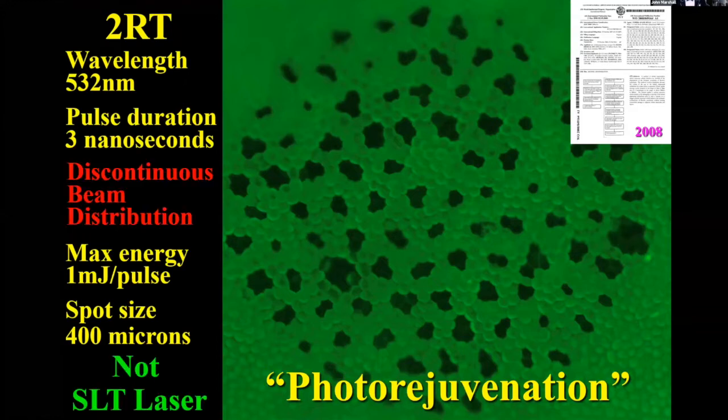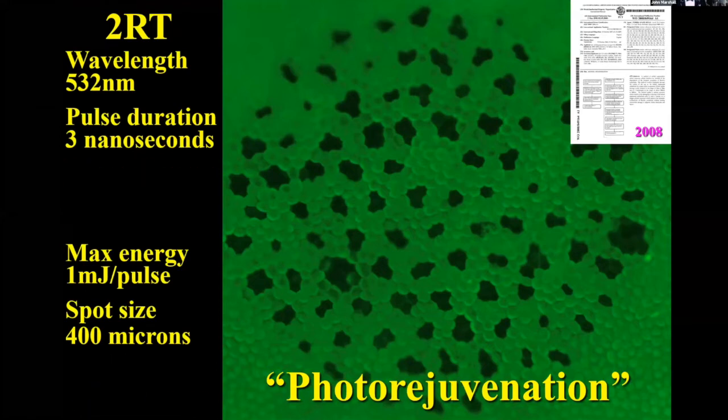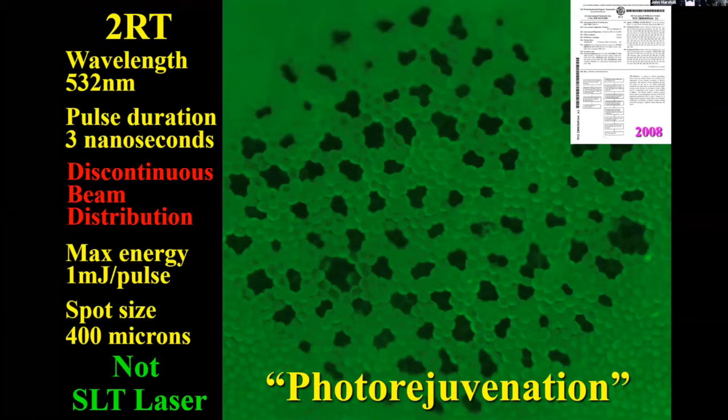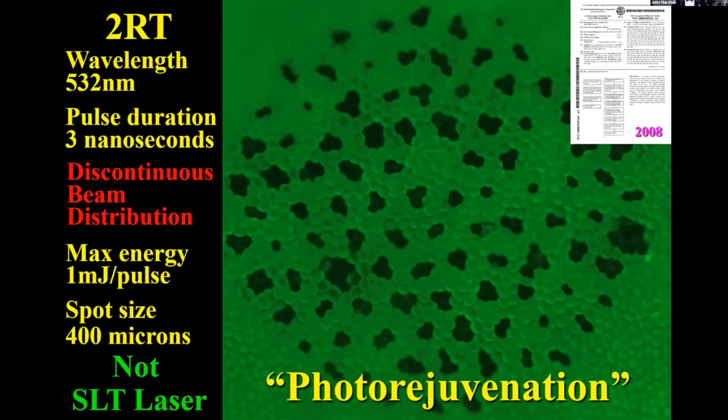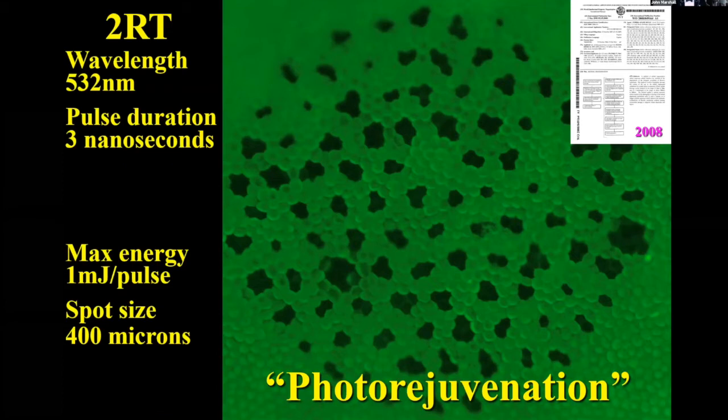So you can't use conventional laser because you destroy the photoreceptor cells, the very cells you're trying to preserve. And so we came up with a nanopulse laser, and most importantly, a discontinuous beam distribution. So the picture you see there, the dark areas are cells that have been raised above threshold, and the light areas are cells that have not been harmed in any way by the laser.